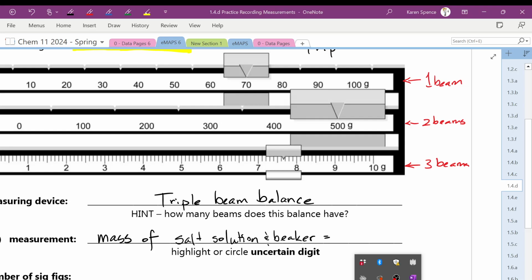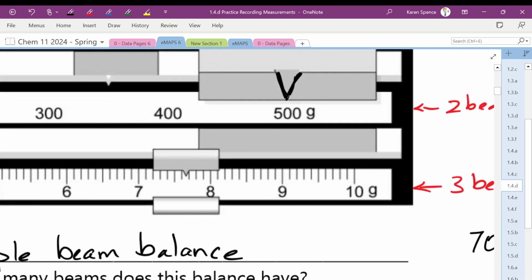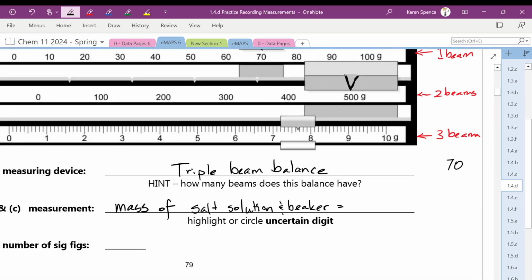So for today, though, we have a 70, okay? And you don't have to show the addition. You can do this in your head, but if you want to show the addition, you can say, I have 70. I also have, what's this one pointing to? 500. Okay, so we're going to add 500.